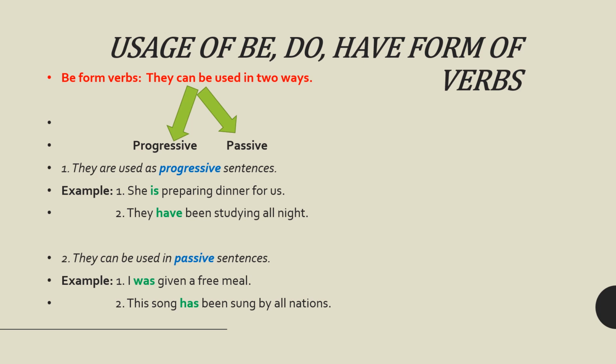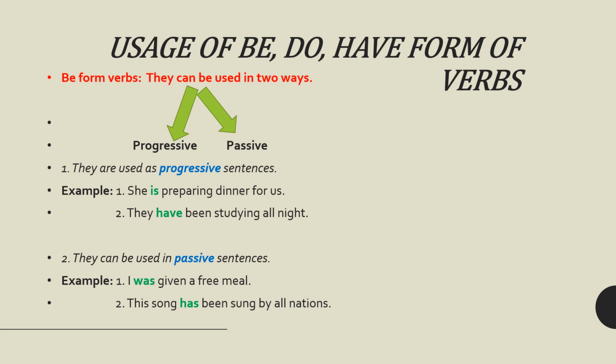Let us learn about be, do, have forms of the verbs, how they can be used in our language. First, we shall learn about be forms of verbs like is, am, are, were, etc. These can be used in two ways, in progressive sentences and passive sentences.